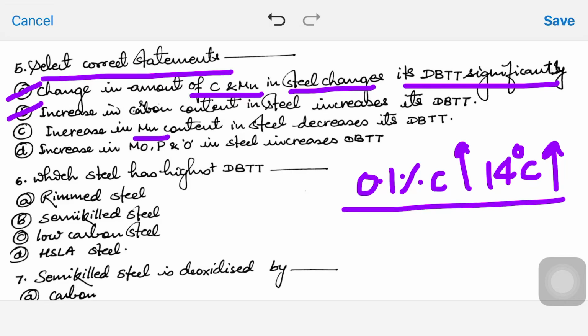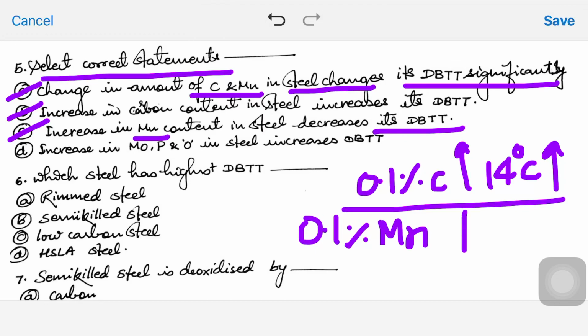Increase in manganese content in a steel decreases its DBTT. That is almost true. I have told you that when you increase the manganese by 0.1%, the DBTT decreases by 5 degrees centigrade.